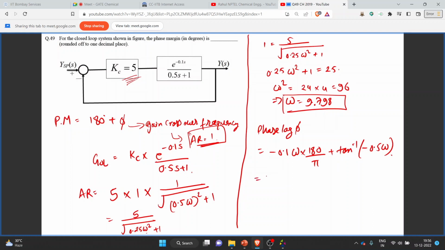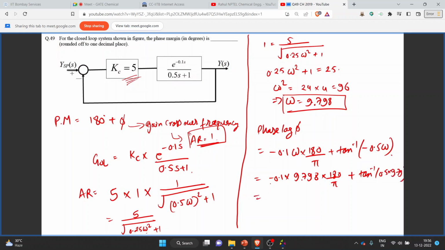So from here we can find this phase lag. Let's just replace the values: 0.1 into 9.798 into 180 upon pi, plus tan inverse of 0.5 into 9.798.